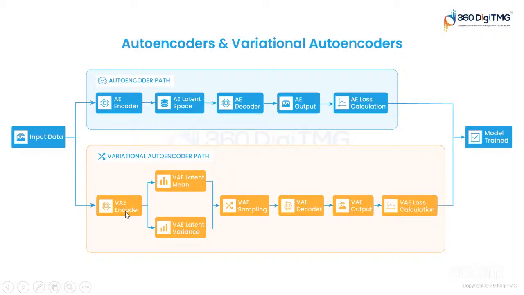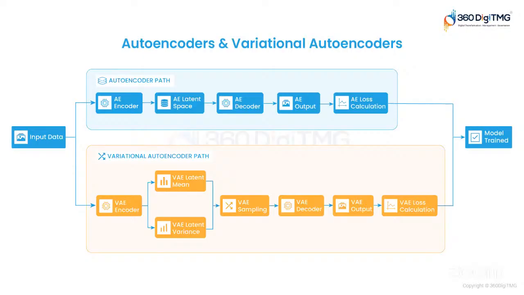Instead of directly outputting the latent code, it outputs two vectors. The first is our mean and the second is the variance. The mean and the variance represent the Gaussian distribution of what is actually important within the images. Some sampling technique will be required here.